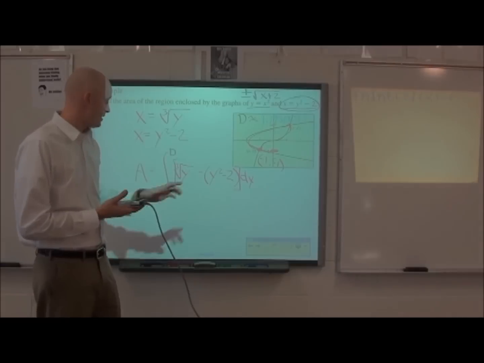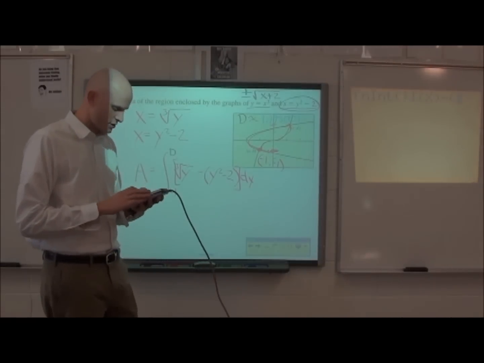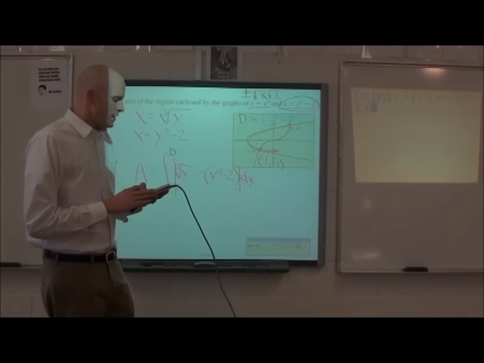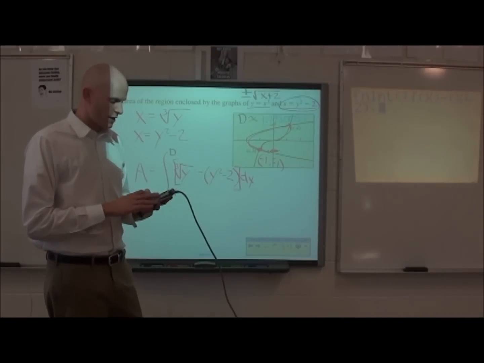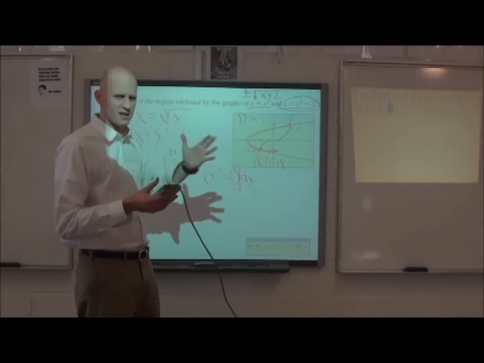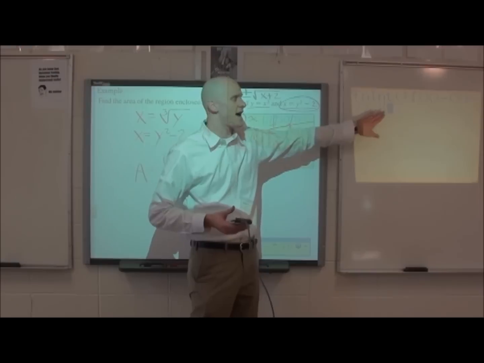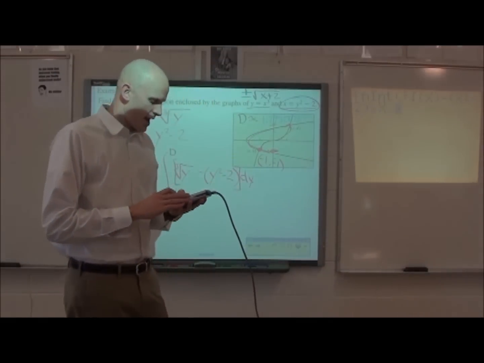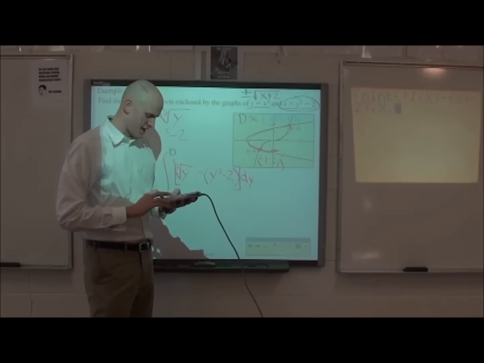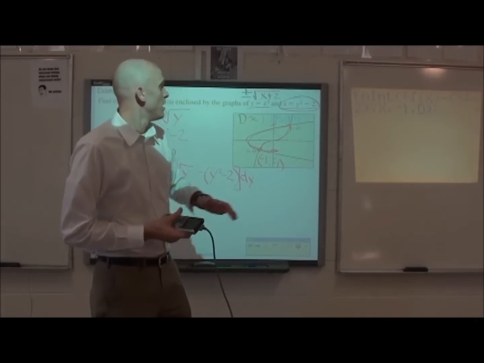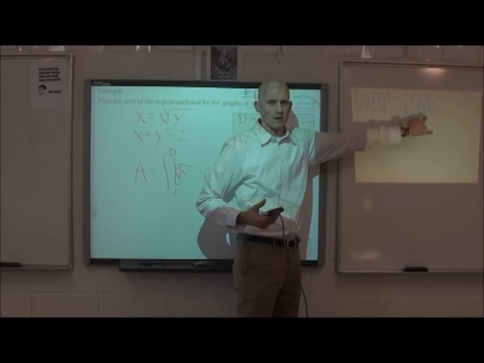Minus, and I'm going to put it in parentheses, it's x squared minus 2. And then you hit a comma, and we are integrating with respect to y, but the calculator doesn't know x's and y's, so you have to put an x here. Wherever there's a variable, we're just basically putting an x. And our lower limit of integration is -1. Our upper limit is stored in alpha d, or the letter d.